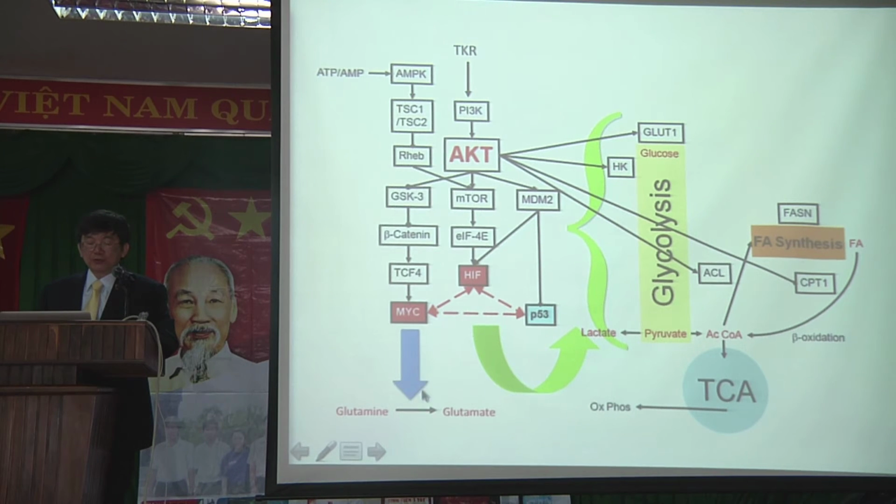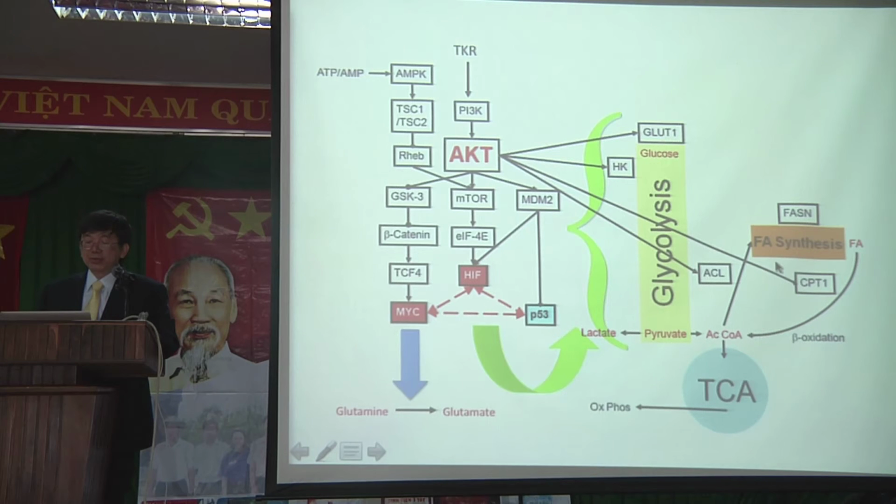And through MYC, there's also regulation of glutaminolysis. So HIF1 and MYC regulate the transcription of most of the enzymes involved in glycolysis. But AKT also can phosphorylate the glucose transporter and activate increased glucose transport into the cells.